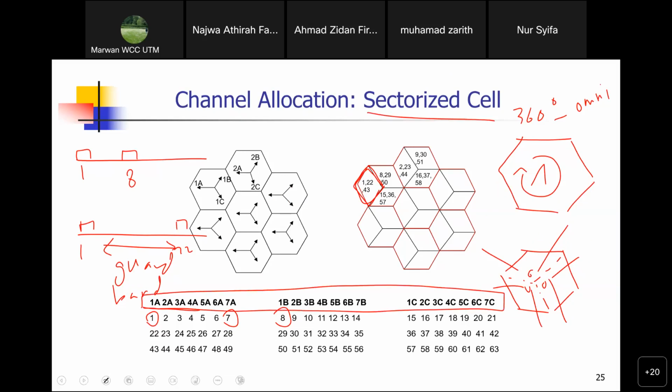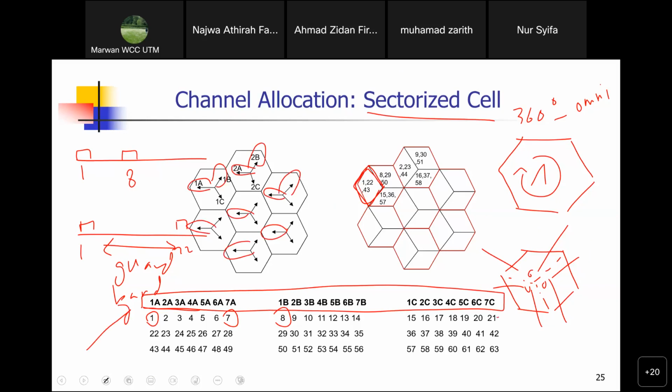Based on the sector: sector 1A, 2A, 3A, 4A, 5A, 6A, 7A. After 7A, it goes to 1B, 2B, 3B. So you have to rearrange it this way, and then you just allocate 1, 2, 3, 4, 5, 6, 7 until 21, and then repeat back.